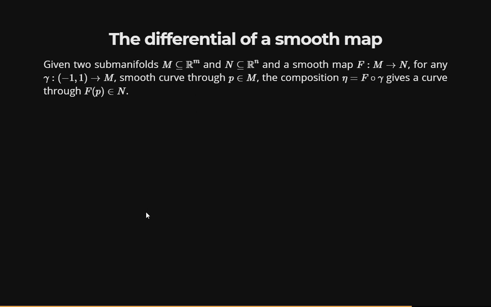Now, the differential of a smooth map. You have two submanifolds, M and N, in Rm and Rn, and you have a smooth map from M to N. So it's a map that extends to a smooth map of the ambient to the ambient.